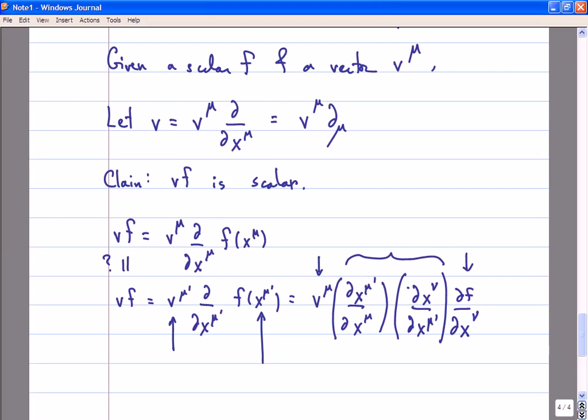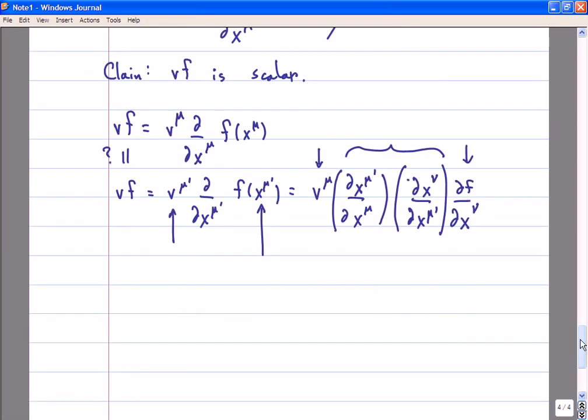Let's just check that. dx mu prime by dx mu times dx nu by dx mu prime, that is just by the chain rule equal to dx nu by dx mu, which is equal to 1 if mu is equal to nu, and 0 otherwise.